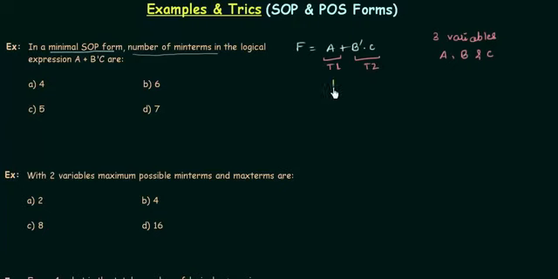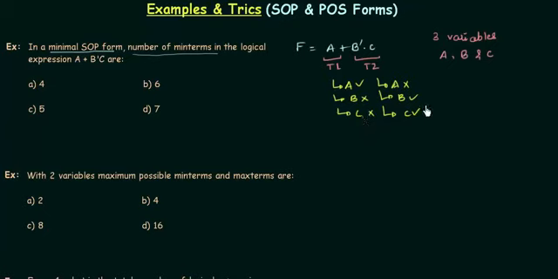In term number 1, we have A, we don't have B, it is absent, and we don't have C. In the same way, we will check term number 2. In this, we don't have A, but we have B in complemented form. We only have to find which variables are present or absent. You don't have to worry about the complement. And we also have C. So in term number 1, we don't have B and C, whereas in term number 2, we don't have A.